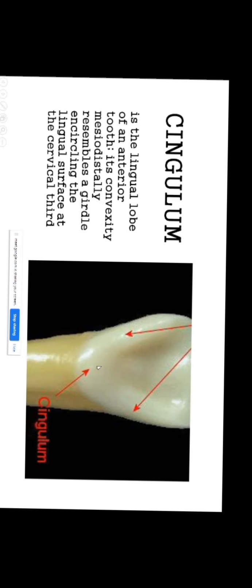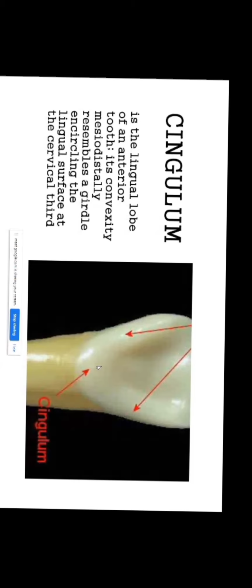Again, all anterior teeth, upper and lower, have a cingulum. However, there are teeth that have a very prominent cingulum, and there are also poorly developed cingulums, mostly on mandibular incisors. But we will talk about that next meeting.